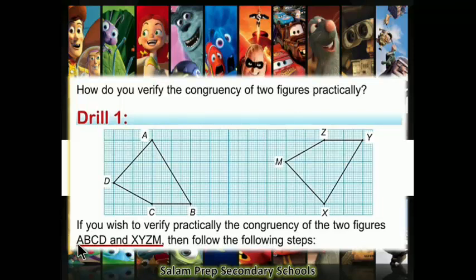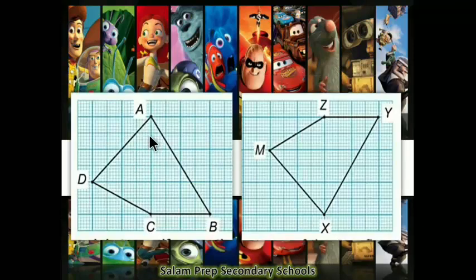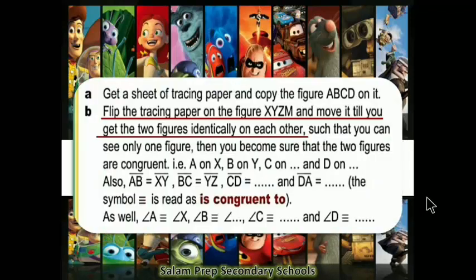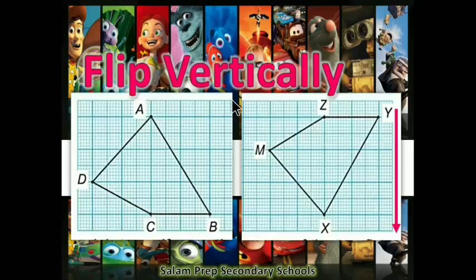The first figure A, B, C, D, and the second figure X, Y, Z, M. The first figure A, B, C, D. The second figure X, Y, Z, M. You can flip vertical this shape.